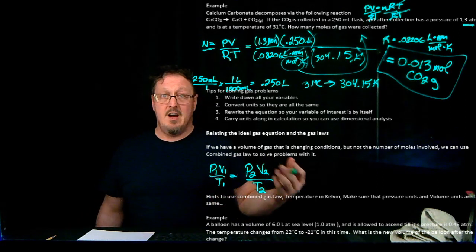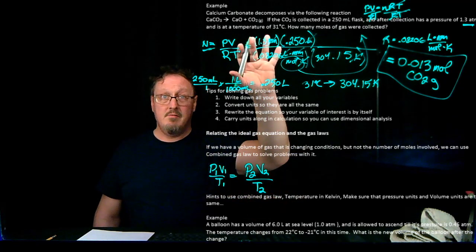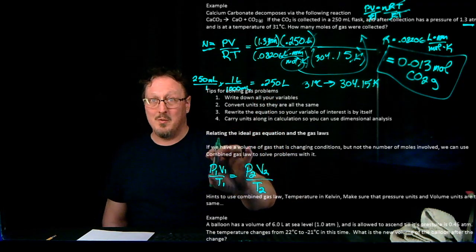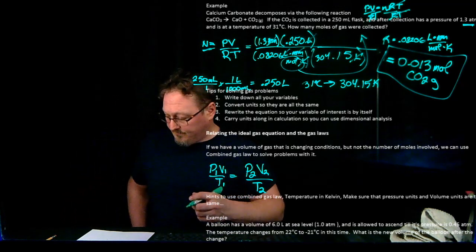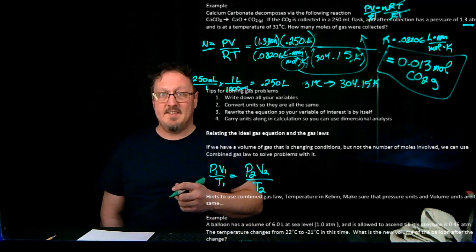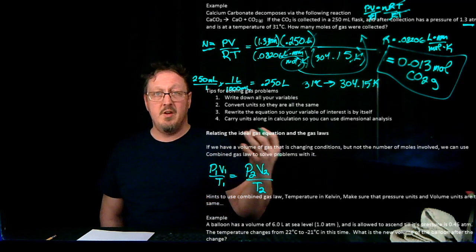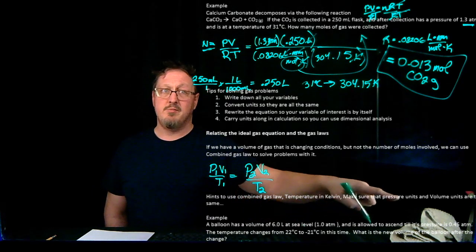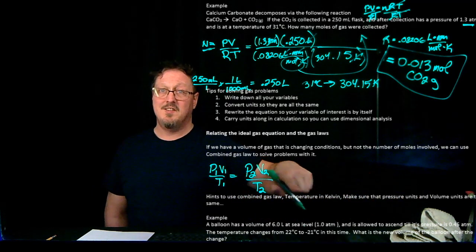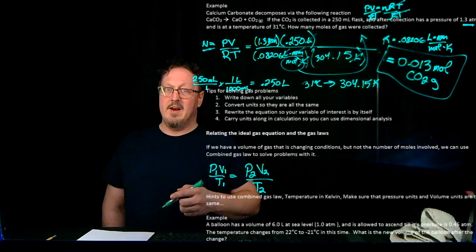This takes all three of the gas laws and the ideal gas law and makes them into one spot for us, which is really helpful. When we do that, here are some hints. Make sure your temperature is in Kelvin. Make sure your pressure units and your volume units are the same. Just make sure that those match.